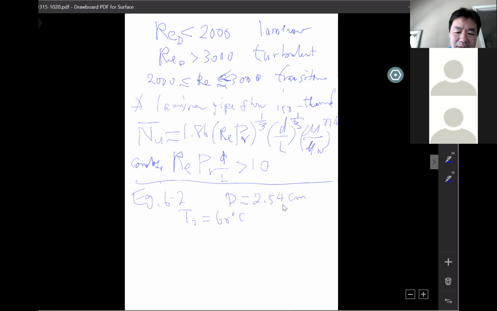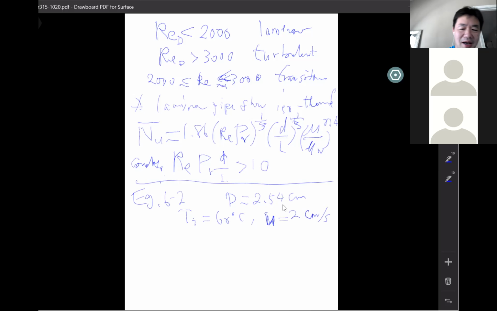Okay, your velocity V, let's say U. I said last time if I have a particular problem, if it's 1D, I use letter U. Okay, 2 centimeter per second. Calculate the exit water temperature if the tube is 3 meters long.